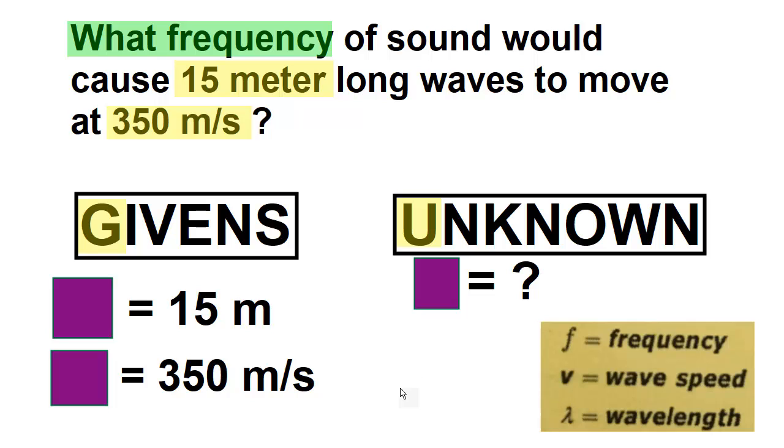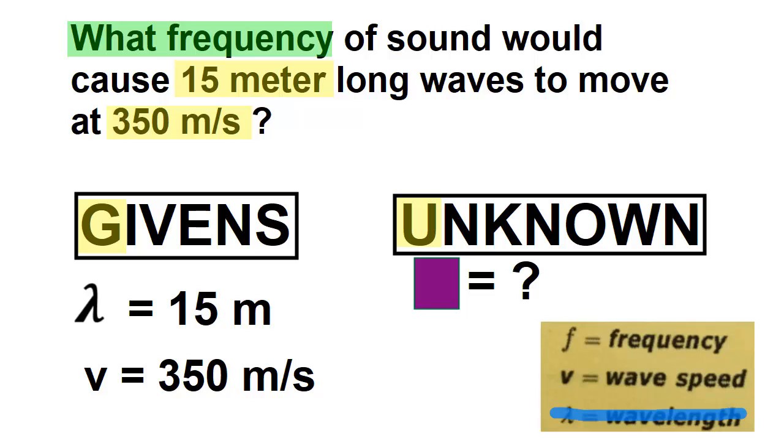Again, going through my units, 15 meters, so that's going to be length, wavelength. And then we got meters per second. We've been doing that one for a while. Meters per second is going to be the speed, the wave speed. And then the unknown, it asks for the frequency, so you know that's going to be f. And there you go.